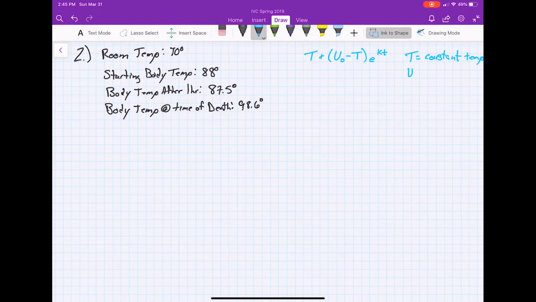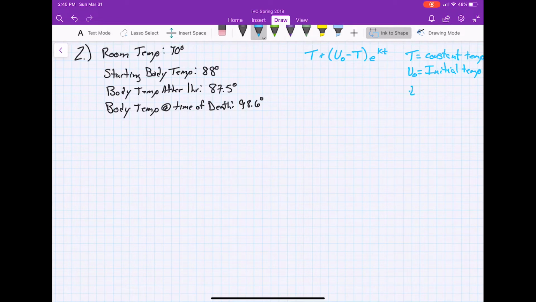The U is our initial temperature, which in our case is 88. T, of course, is equal to time. And k is going to be equal to the negative constant. I'm going to try to make sure that I remember it's going to be negative this time, unlike the last problem.